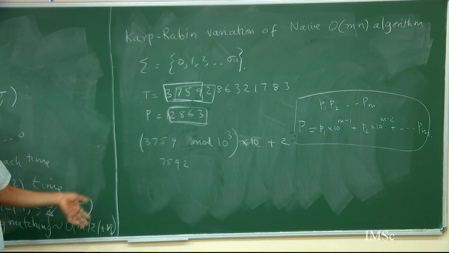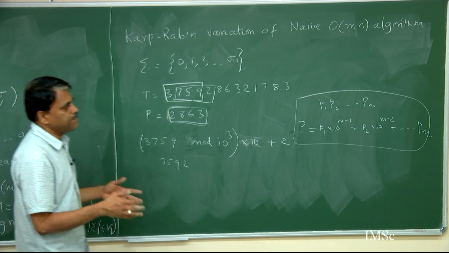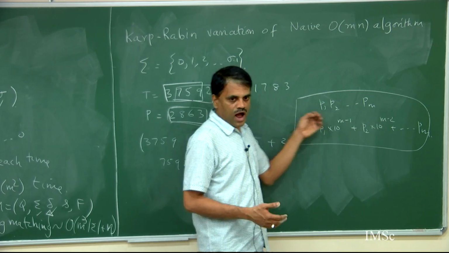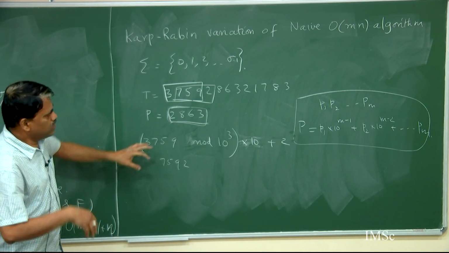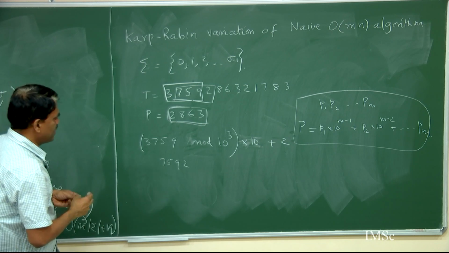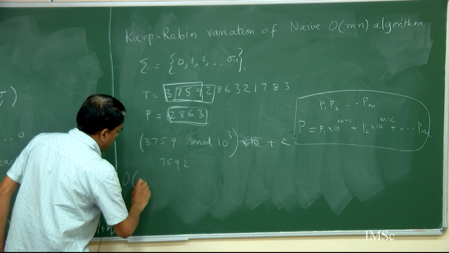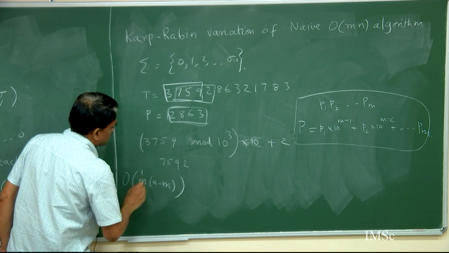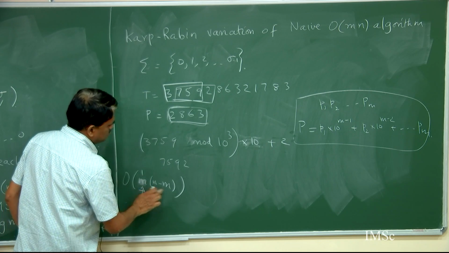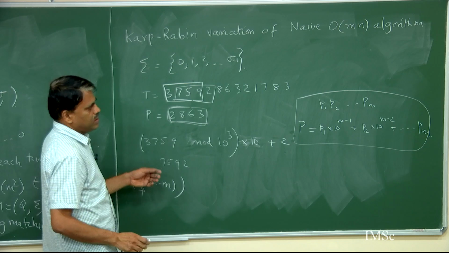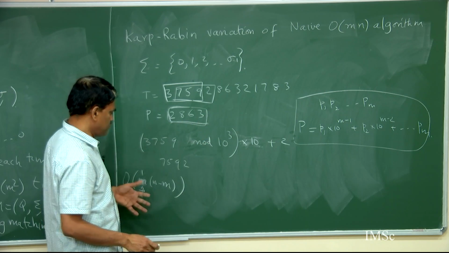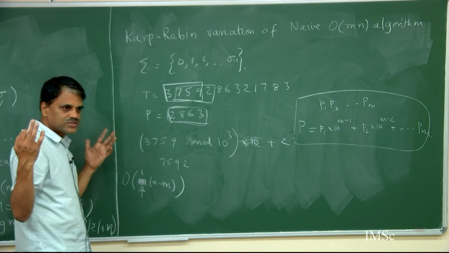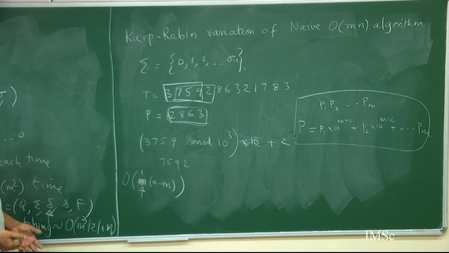Order n time, right. There is an order m pre-computation. After that, earlier we had order m into n minus m, but this m has now become constant. So, this goes away, so it is order n minus m time plus the original order m. So, it is order n plus m time, which is as good as you can get, right.